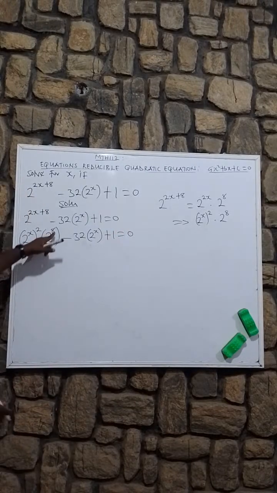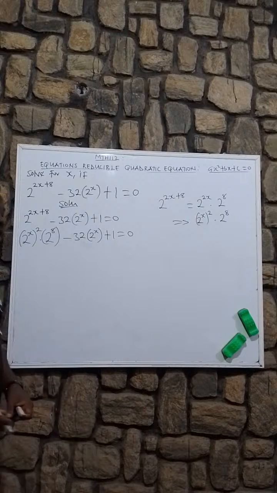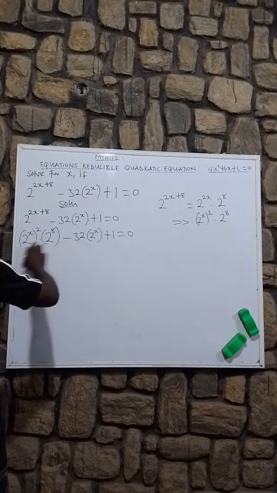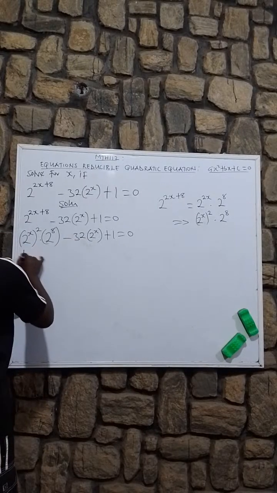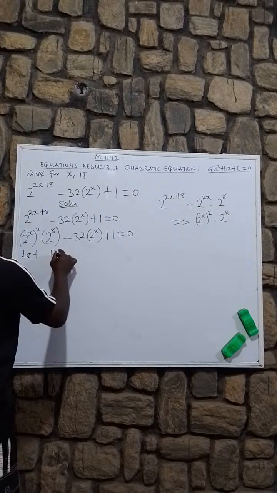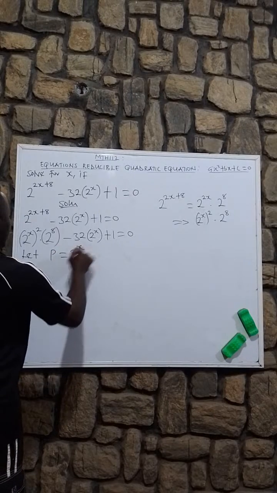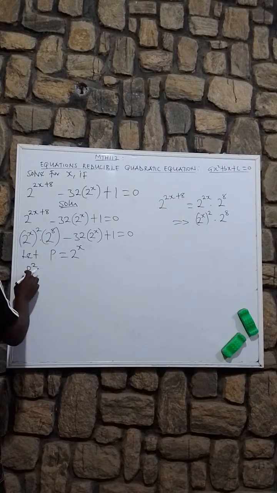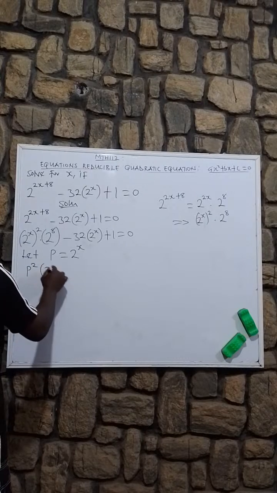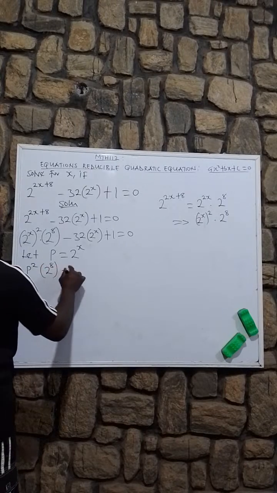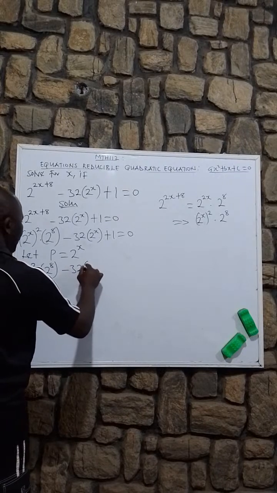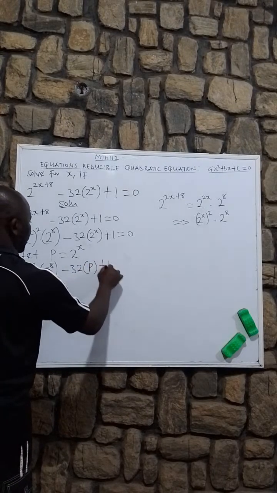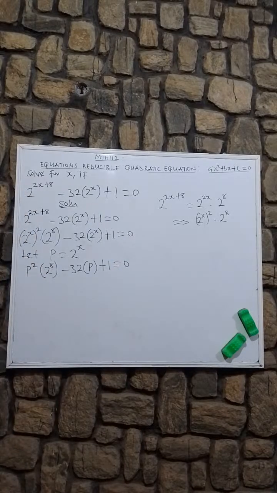We are doing this because we want to reduce it to a quadratic equation. So how can we reduce it? Since this and this are common, we say let any alphabet p be equal to 2 raised to the power of x. So here will now be p squared times 2 raised to the power of 8 minus 32 times p plus 1 equals 0, right?